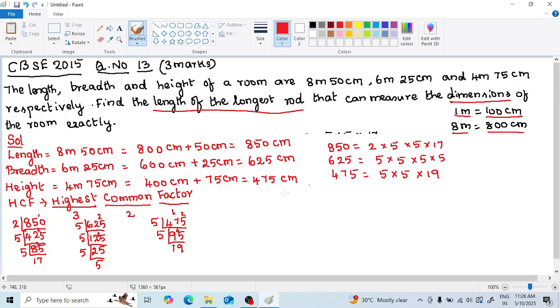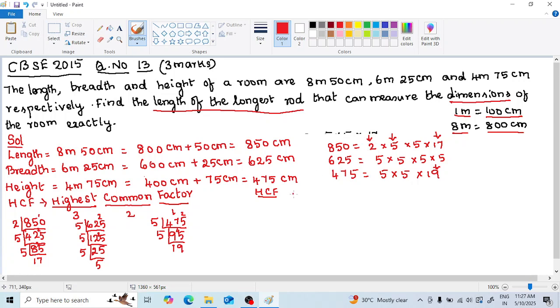Now we have to find out the HCF. To find HCF, we have to find out the prime factors. Here 2 is one prime factor, 5 is one prime factor, 17 and then 19. We have to find how many times each occurs. 2 occurs one time.